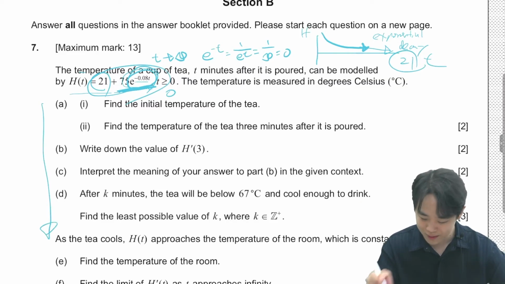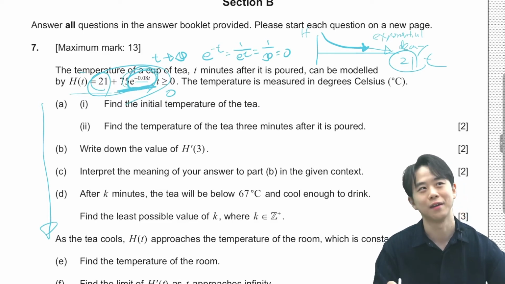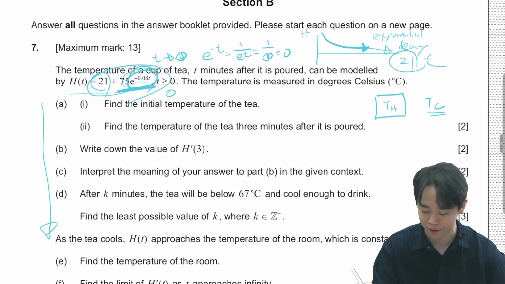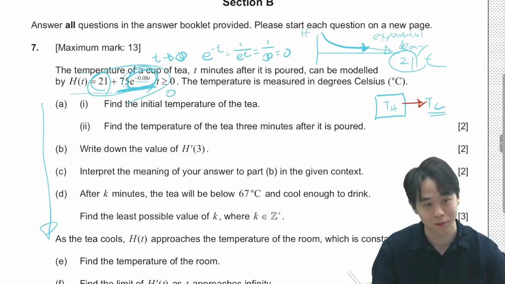So this is the kind of graph we might have, so let's keep that in mind as we go through these problems. This is actually Newton's law of cooling, which says that if you have a body of high temperature, T hot, and then we have our surroundings, which is temperature cold, colder than it. Then we know heat is the non-mechanical transfer of energy from high to low temperatures.